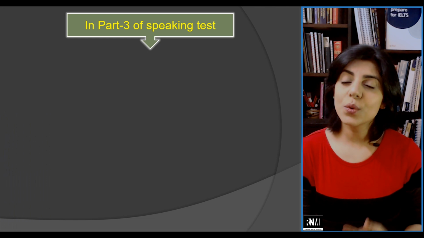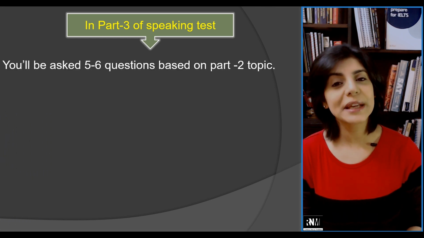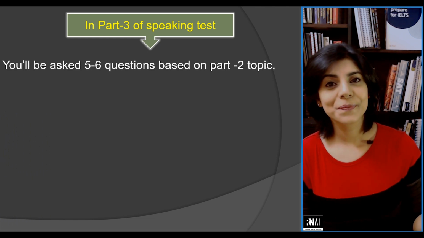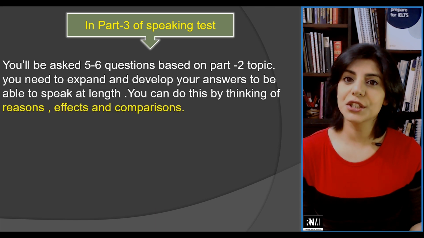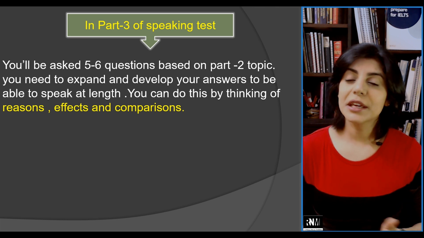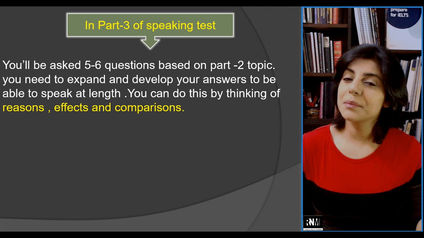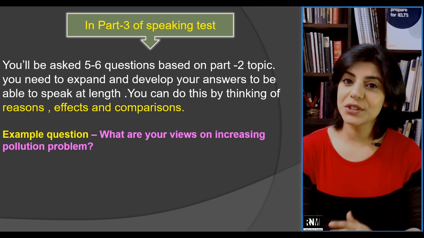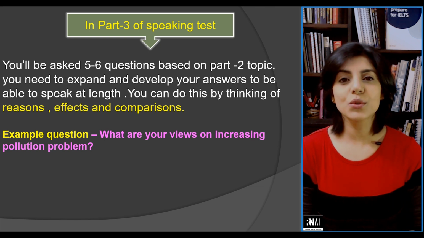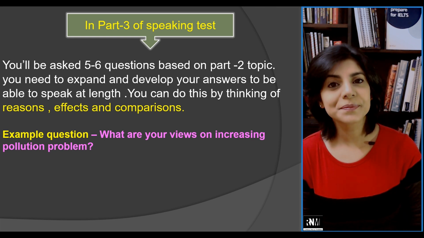In Part 3, you will be asked 5 to 6 questions based on the topic in Part 2. In this as well, you need to expand and develop your answers to speak at length. You can do this by thinking of reasons, effects, and comparisons maybe. For example, your question is, what are your views on increasing pollution problem?